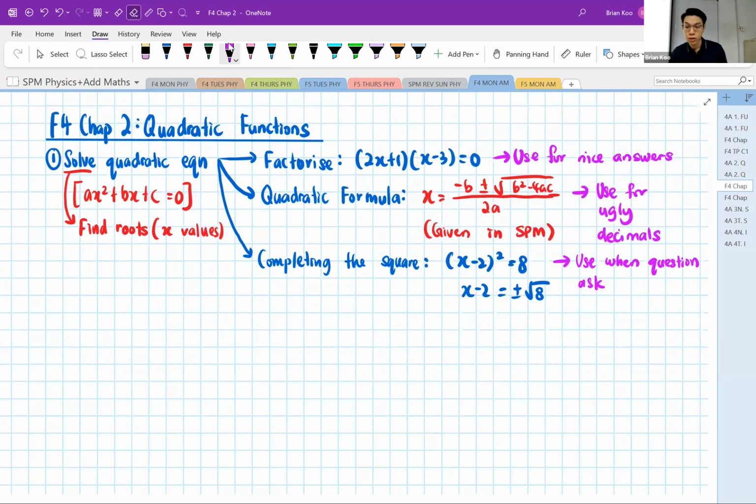So generally speaking, you can forget about completing the square unless they ask you to do that, or else you just focus on the first two. Nice answer, brackets. Ugly answer, you use the formula. So that was the first thing we learned, how to solve a quadratic equation, how to find the roots.